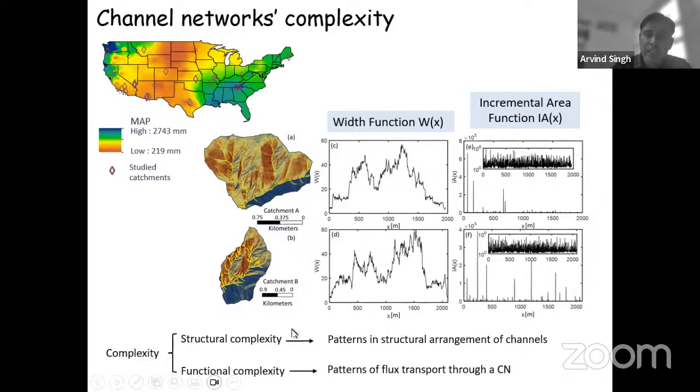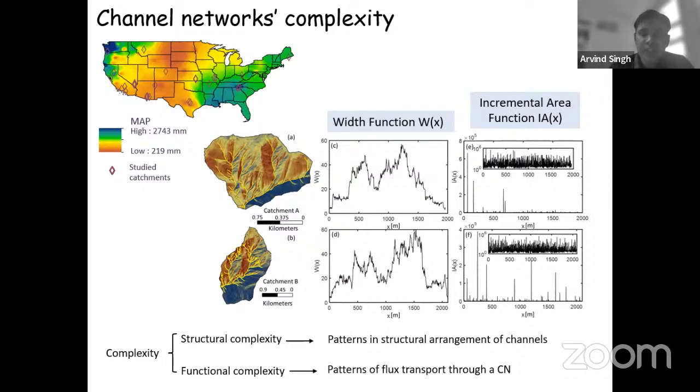So from the width function and incremental area function, we can compute the structural complexity, which essentially characterizes the patterns in the structural arrangement of channels, and the functional complexity, as the drainage area represents, or may represent, the patterns of flux propagation, as drainage area can be a proxy for discharge.